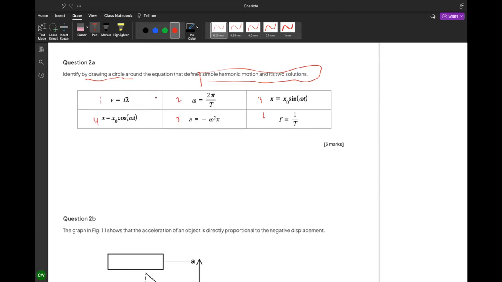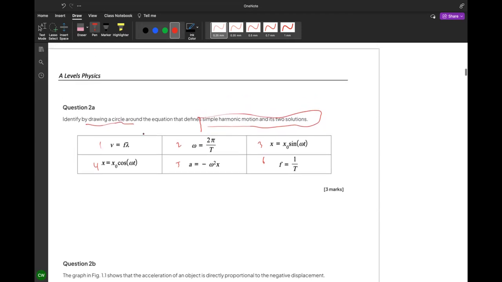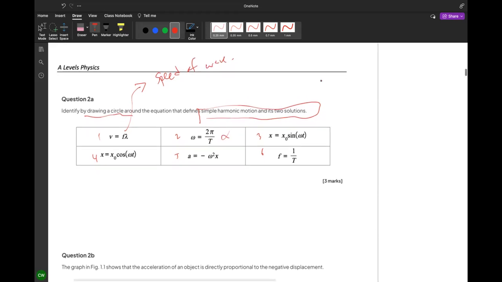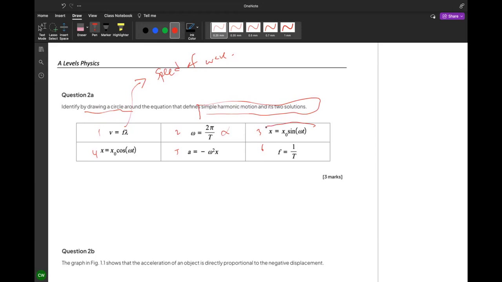Number 1 is no. Number 1 is the speed of the wave equation. Number 2 also no. Number 3, yes. Number 4, yes. Number 5, yes.